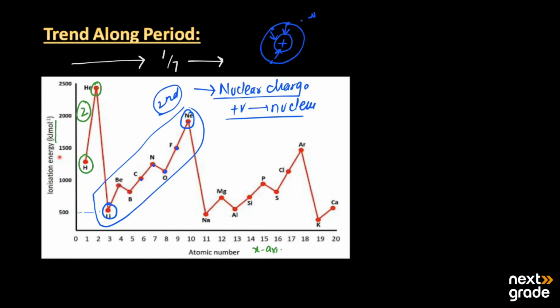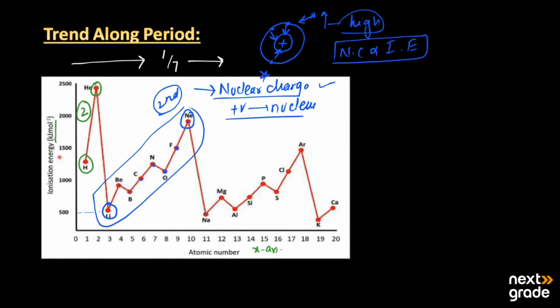So we have to provide a high energy to remove that electron. So nuclear charge is directly proportional to the ionization energy. When there is more nuclear charge, it means ionization energy is high. So when we move from left to right, ionization energy increases due to its increase.